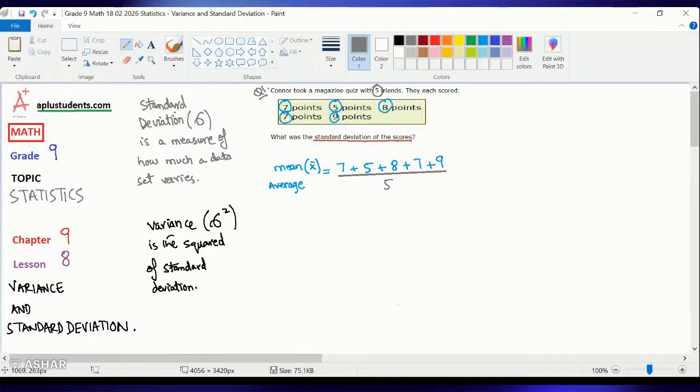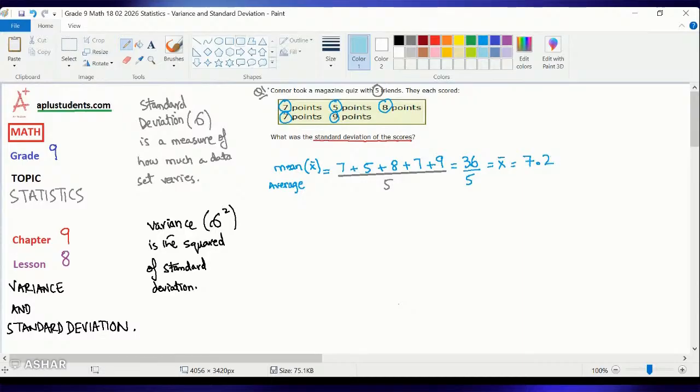Let's add the numbers together. 7 plus 5 plus 8 plus 7 plus 9 is equal to 36. And when 36 is divided by 5, we get the mean. That means the mean comes out to be 7.2.